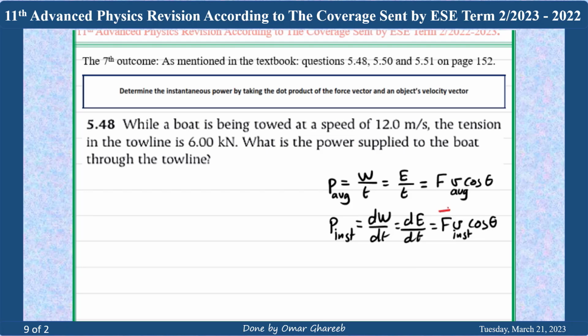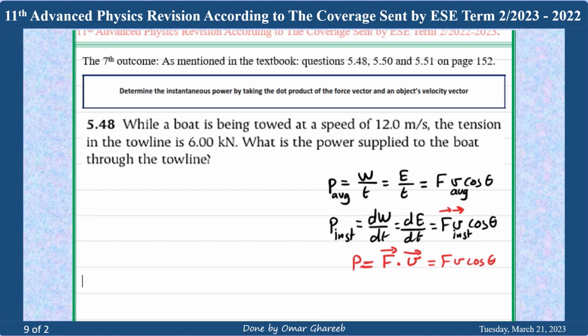You know that F is a vector and v is a vector, and the multiplication here with cosine theta means we have a dot product. So the power equals force dot v. This is in dot notation. For calculation, F v cosine theta. If you use average velocity, you will get average power. If you put instantaneous velocity, you will have instantaneous power.